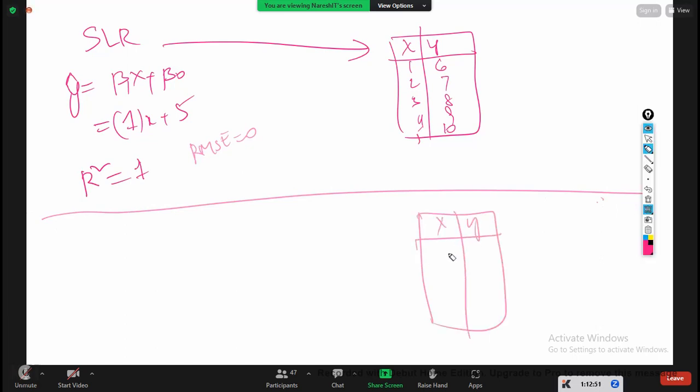Do you remember the difference between linear regression and polynomial regression? In polynomial regression, the number of coefficients will be more. As the degree increases, the number of coefficients increases, and the beta values increase. Here also, as you increase the number of hidden layers, more weights will be added.